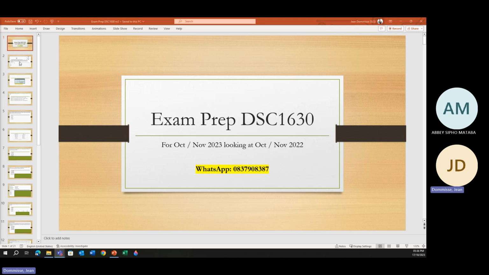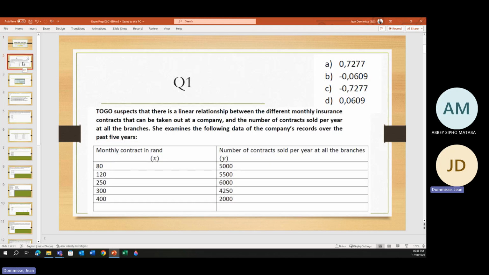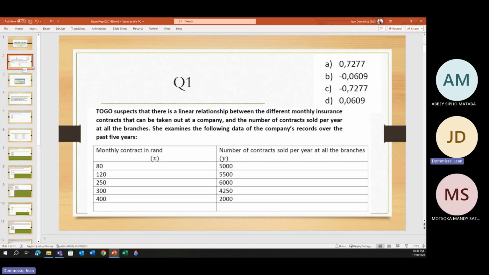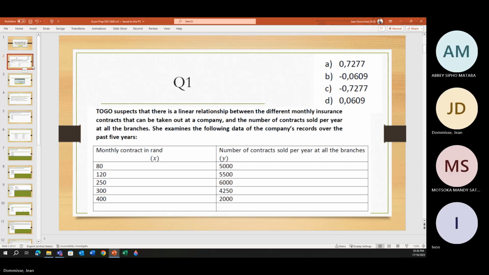So I decided to look at the October November one of last year, and what was interesting for me is to see how it started off with some of your last study unit questions first, and then it went into some simple interest. I just thought it quite interesting to see the different dynamics in this exam paper.